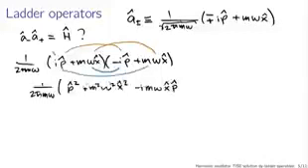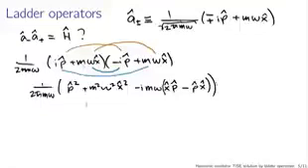We're going to have an i, an m, an omega, except in this case we're going to have p hat x hat, not x hat p hat, as we had here. So I'm going to factor the constants out. That means we're going to have minus p hat x hat here.